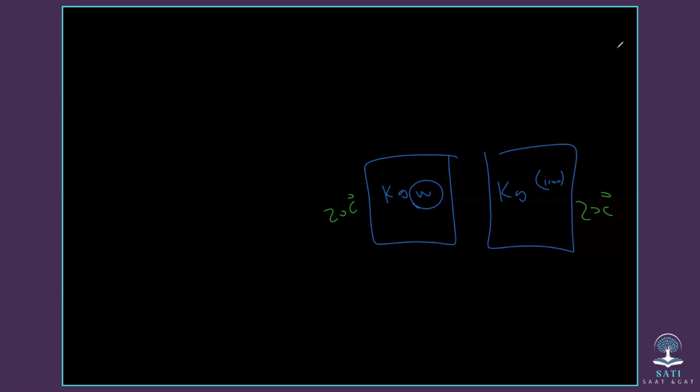Okay, if we want to increase the temperature of this 1 kilogram of water and this 1 kilogram of iron by only 1 Celsius, what do we need to do? We need to add heat.